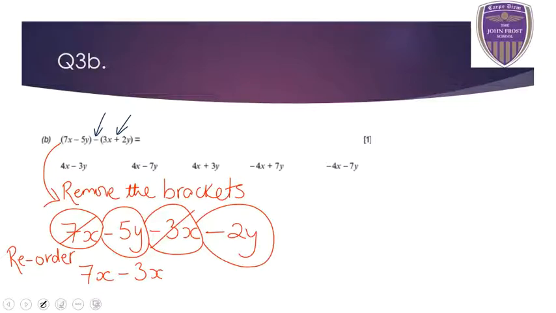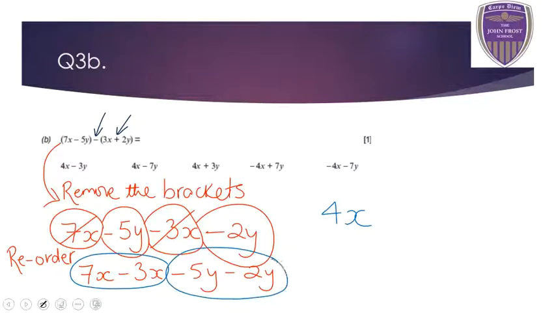And what's left? Minus 5y minus 2y. So the final answer, 7x minus 3x is 4x. And then minus 5y minus 2y is minus 7y. Okay, so the answer you want is this one there.